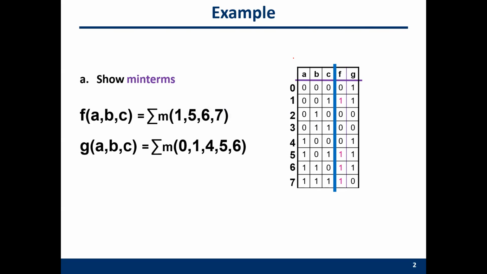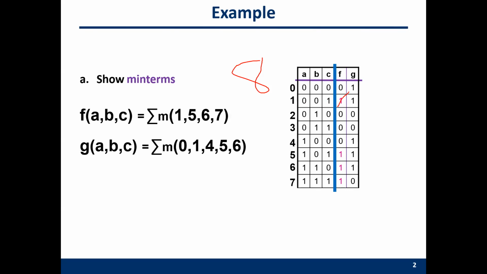In this example, we have 3 variables, A, B, and C. So totally we have 2 to the power of 3, which is 8 rows here. And we have 2 outputs. One is F, the other one is G. So in order to have the sum of the minterms, we need to pick up the rows which can generate a 1.